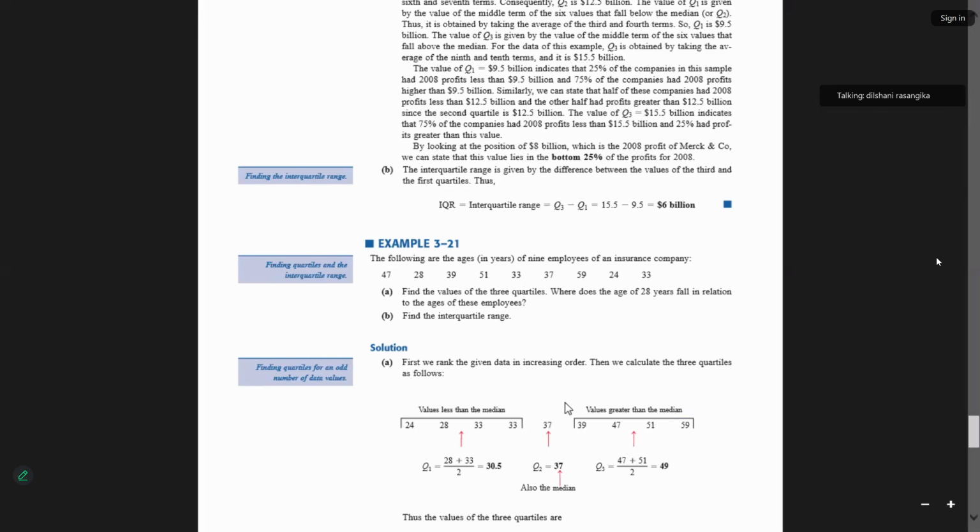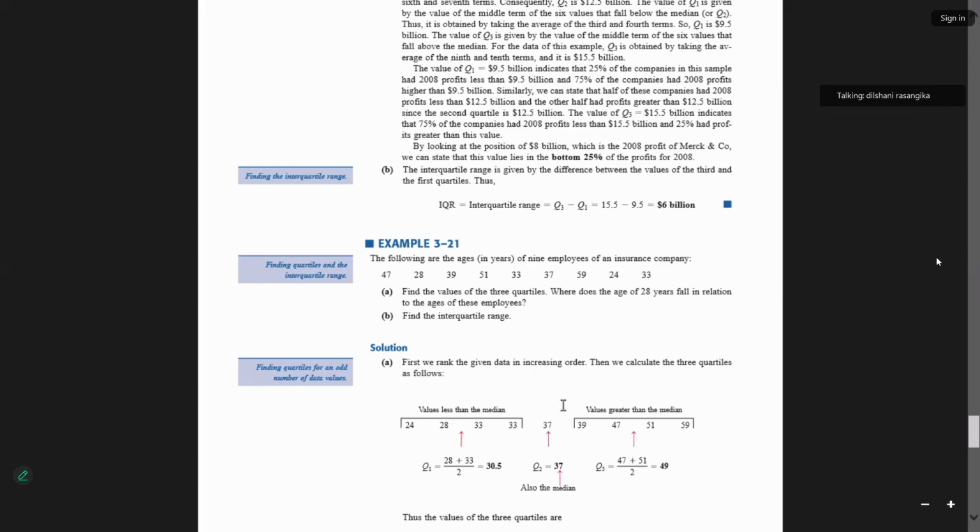In such cases, we can find the middle position by adding 1 to the number of data. There are 9 data, so 9 plus 1 equals 10. 10 divided by 2 equals 5. That means the fifth data is in the middle position.